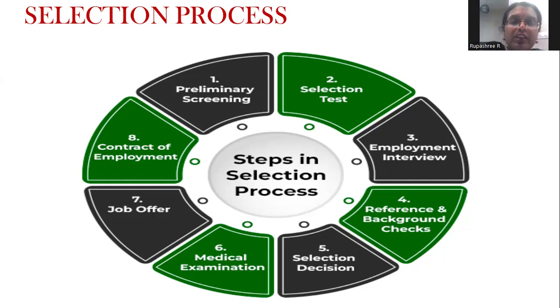In college recruitment, these selection tests happen through aptitude tests, where the employer tries to judge your analytical skills, decision-making skills, problem-solving skills, or whatever skills they are looking for in a candidate. You have to clear the selection test in order to move on to the third stage, called the employment interview.